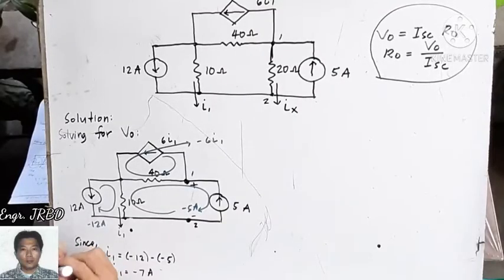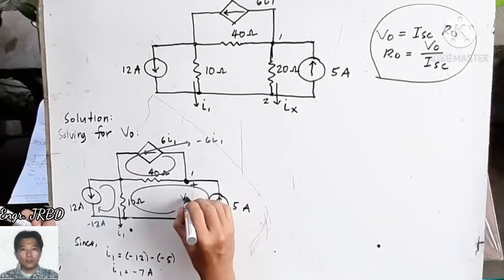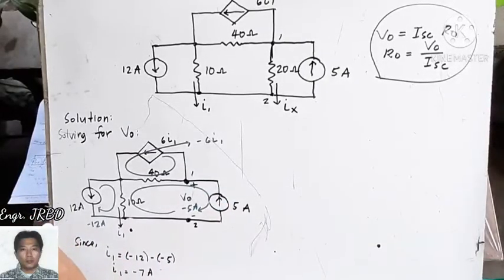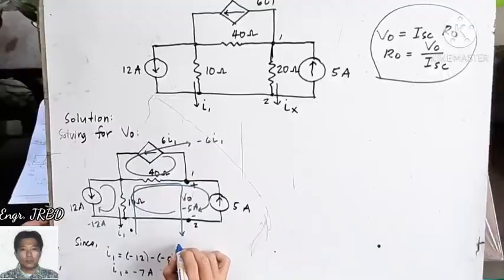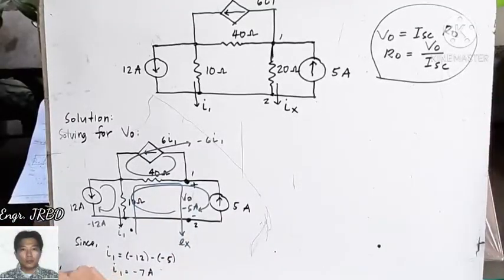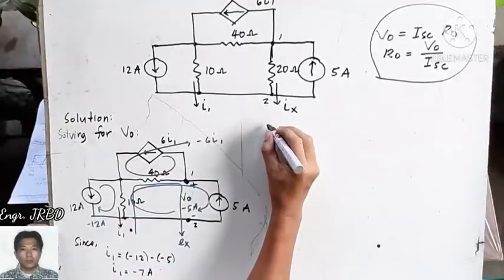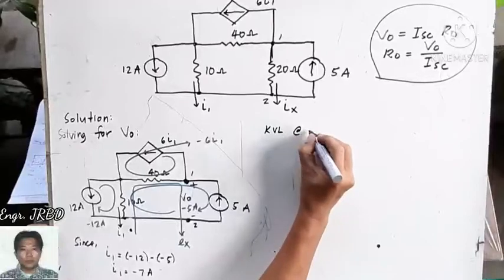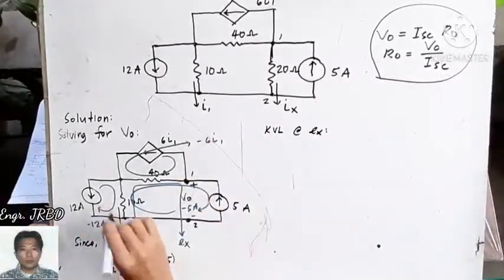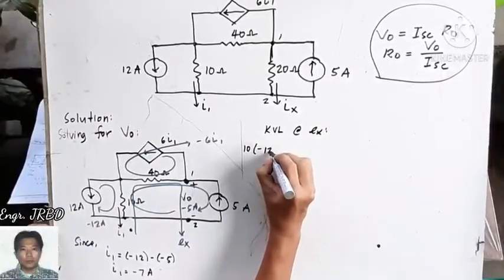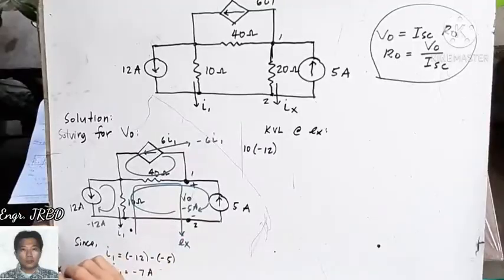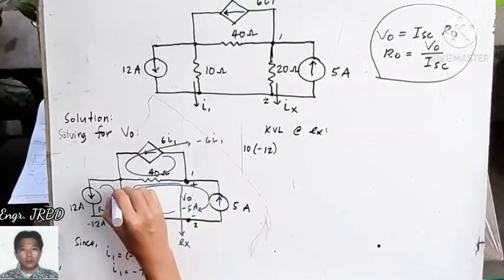So all the currents are now obtained, and we can easily compute the open circuit voltage between these points by applying KVL in this closed path at loop X. We will start in this part. KVL at loop X: 10 ohms times negative 12, correct? 10 ohms times negative 12.